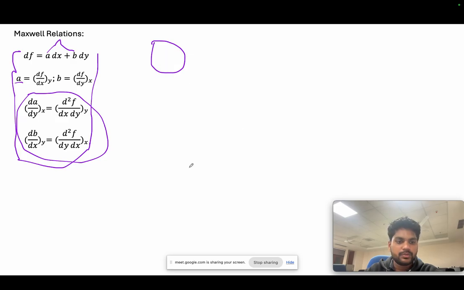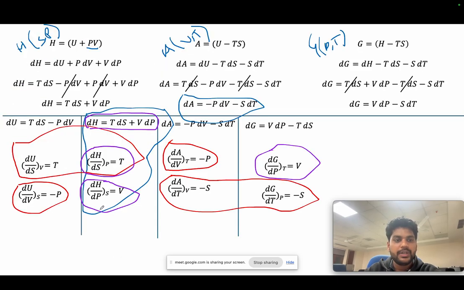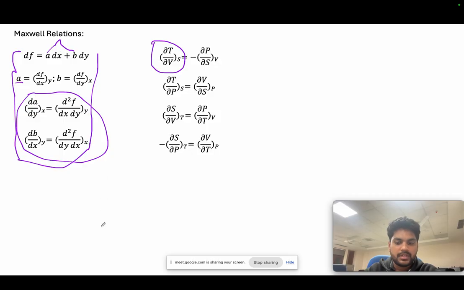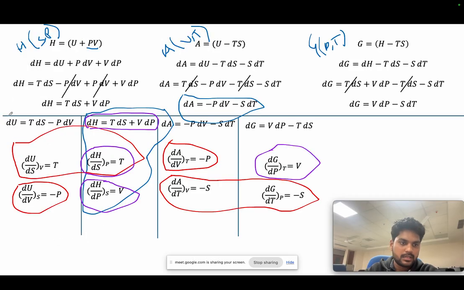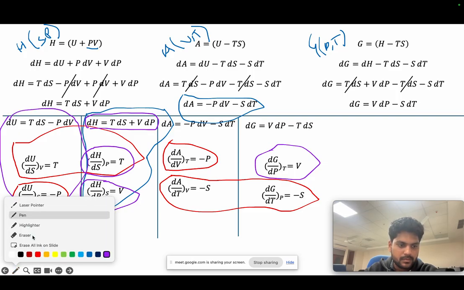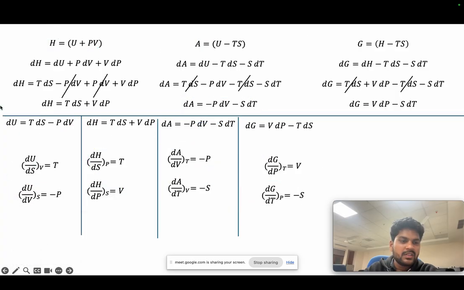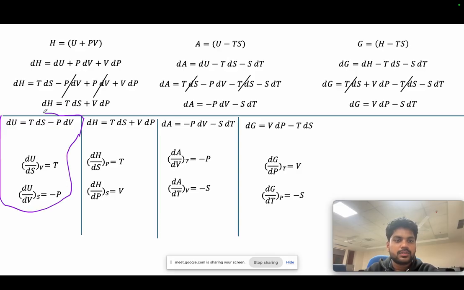I am very sure that if I do it here, what I will get is dT by dV at constant S. If you do the same thing for here, just take this one, and you can try it out in the notes.